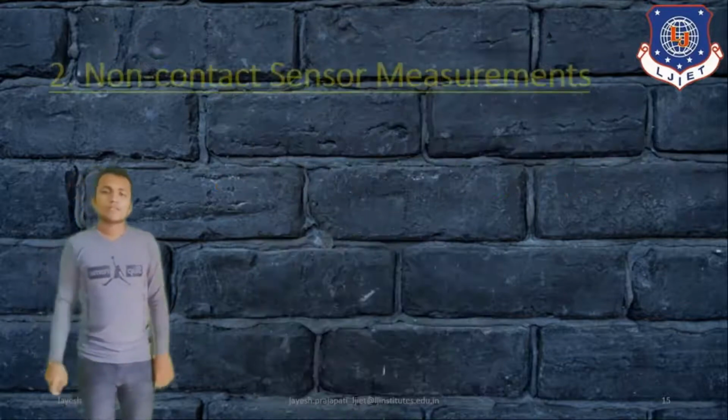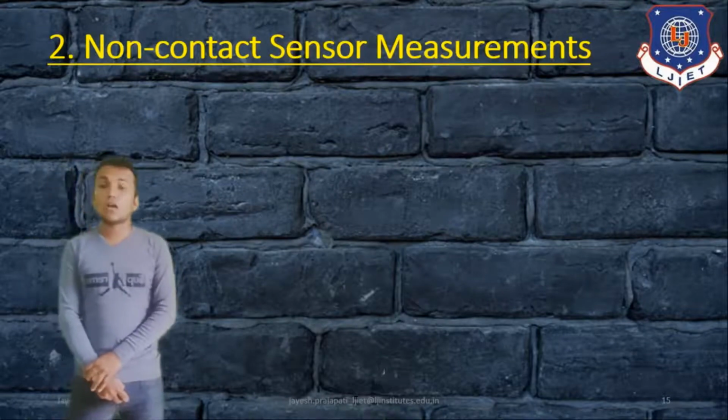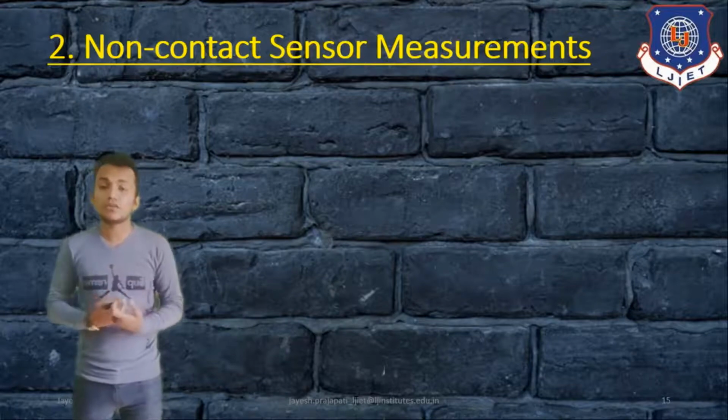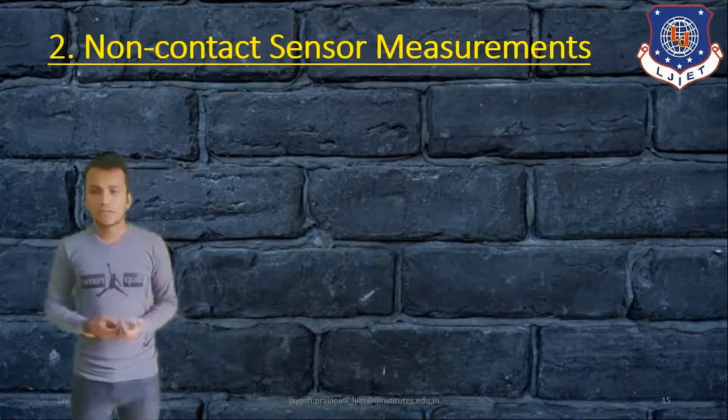Then the second method is non-contact sensor measurement. Non-contact means it does not contact the soil and yet can measure the soil conductivity. So there is some remote sensing technology.